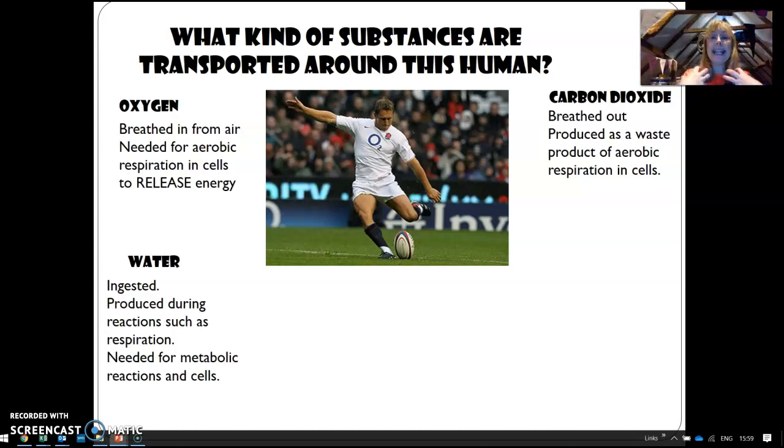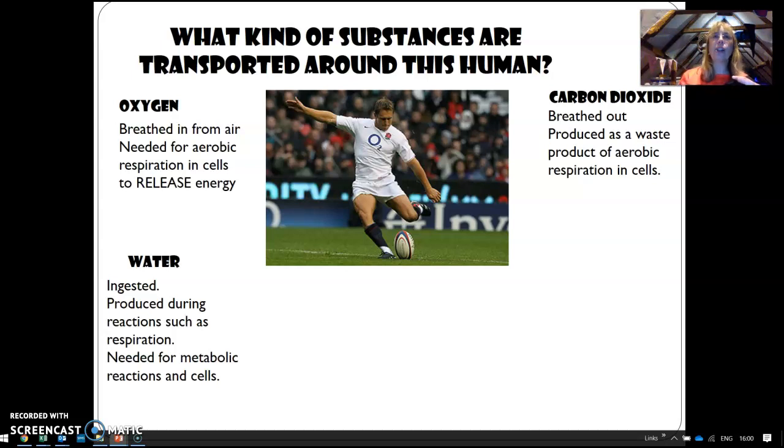Okay, so we take in water through our food, through our drink, and water is also produced during chemical reactions in our body. For example, in respiration, glucose plus oxygen produces carbon dioxide and water. But it's also needed for a whole load of chemical reactions in our body. We are one big chemical machine.